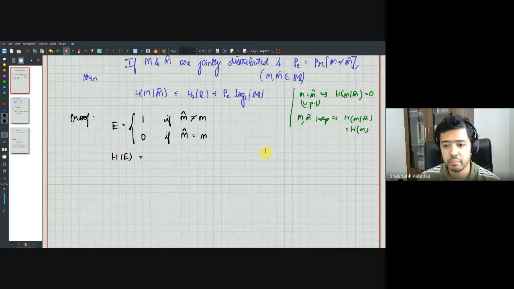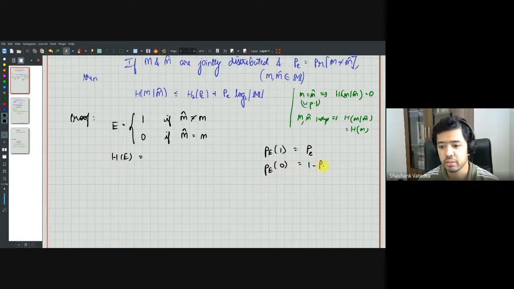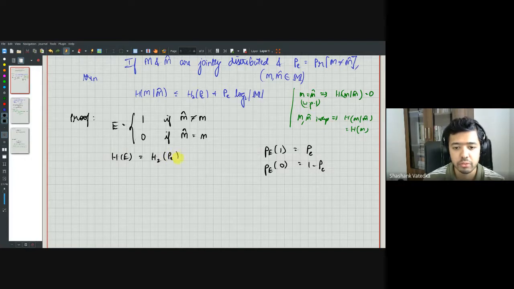The probability that E equal to 1 is the probability of error, and the probability of E equal to 0 is 1 minus PE. The PE is what we have defined over here, the probability that M is not equal to M hat. So the entropy of E is basically the binary entropy of PE.